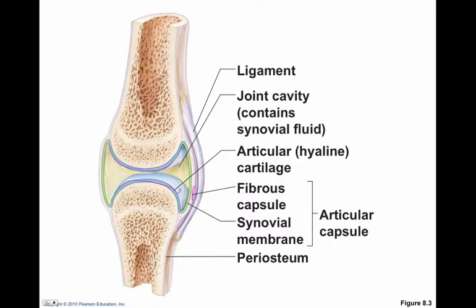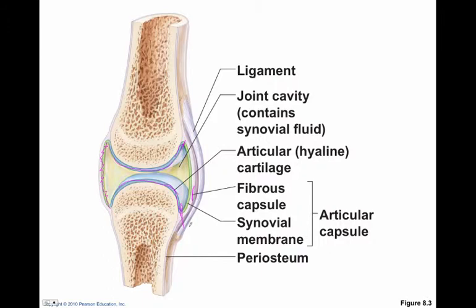And then we see in between sort of this overlap as we go from hyaline, and it ends with this transition into what we're interested in here as this synovial membrane. So the synovial membrane cells are responsible for producing and releasing synovial fluid into the joint capsule.